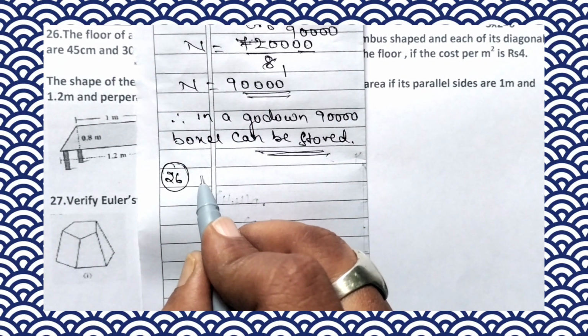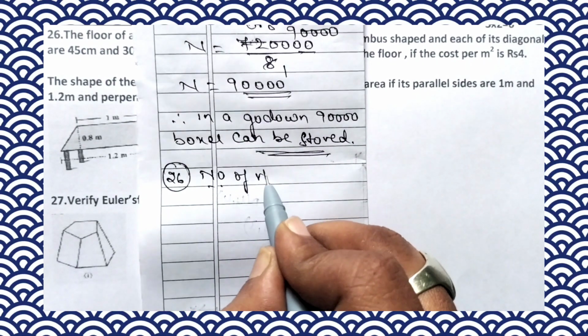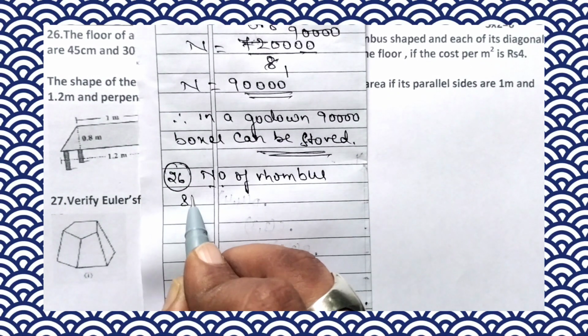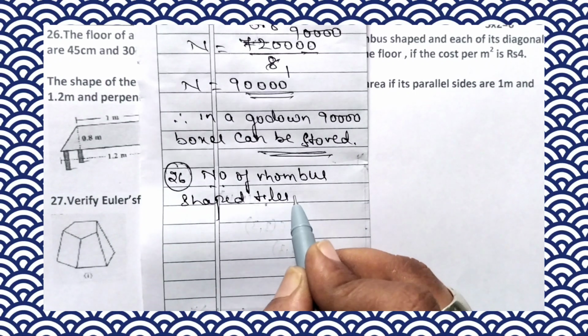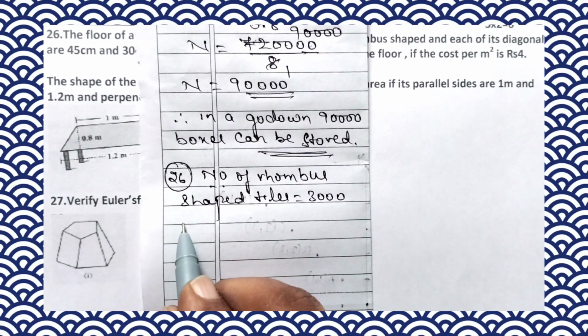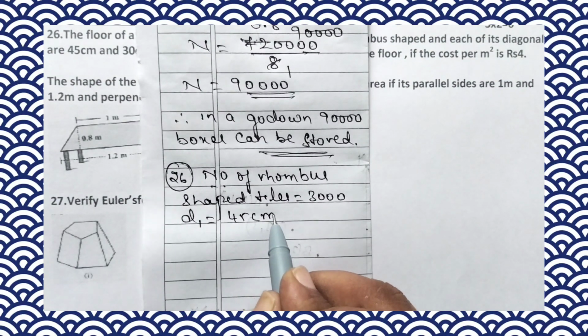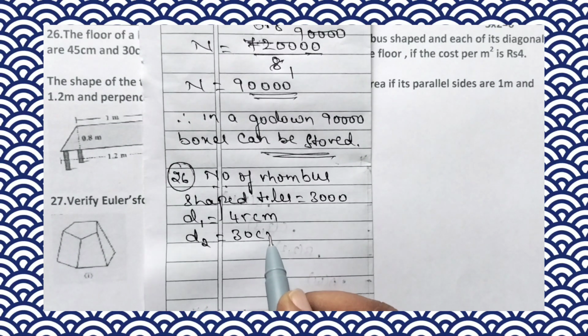Number of rhombus shaped tiles is equal to 3000. Then diagonal D1 is equal to 45 centimeter and diagonal D2 is equal to 30 centimeter.